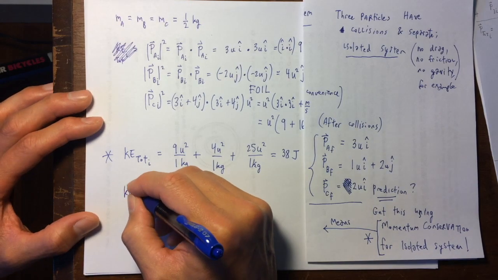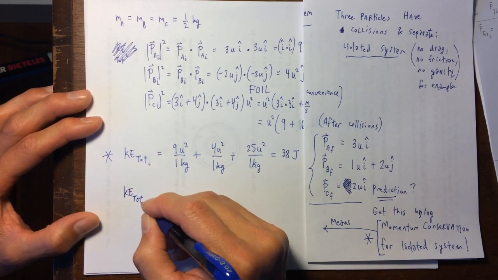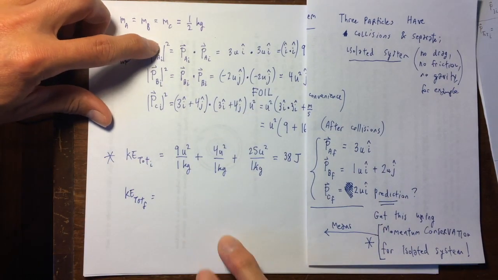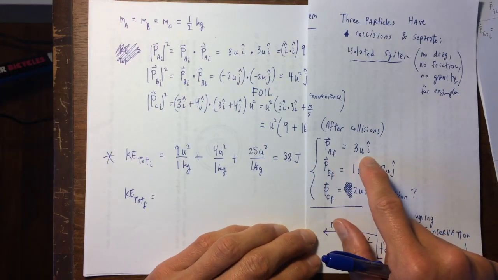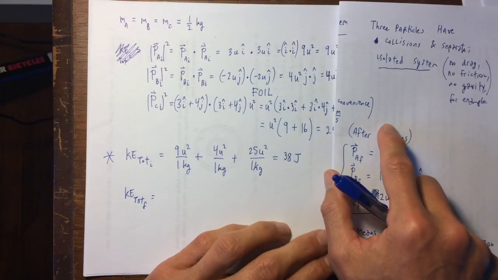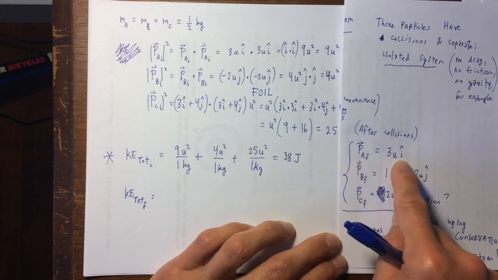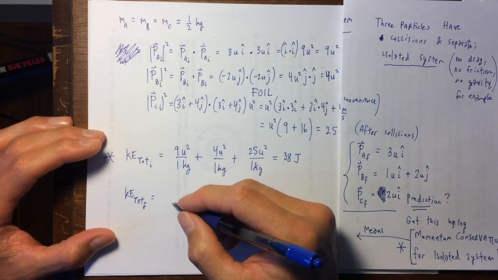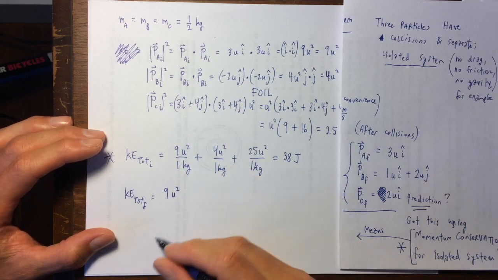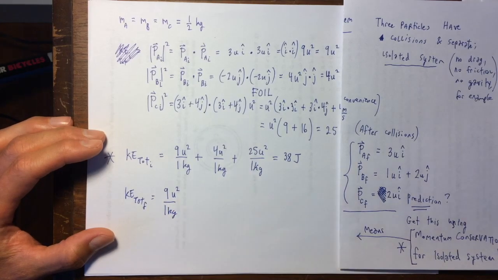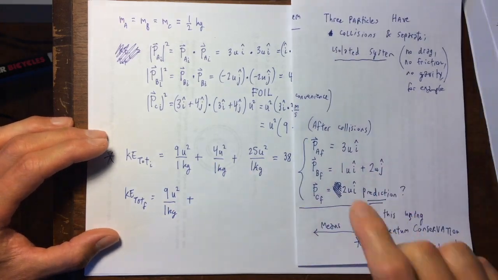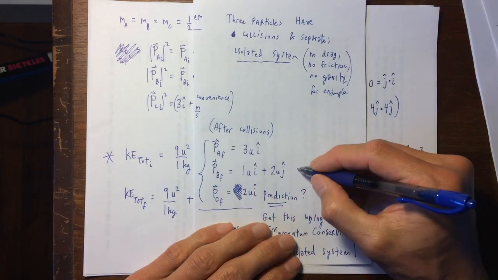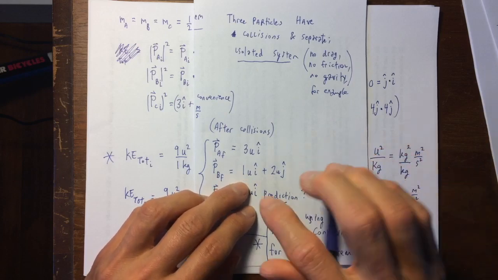So kinetic energy total final equals, so it's going to be P sub A final squared. This one, we got to square this one, and check it out, because it doesn't seem to have changed, that kinetic energy didn't get altered. So it's just 9u squared, and divide by 1 kilogram, plus P sub B final squared. So this one we do need to do, so I'll just do it right in front of you. I need to square this.